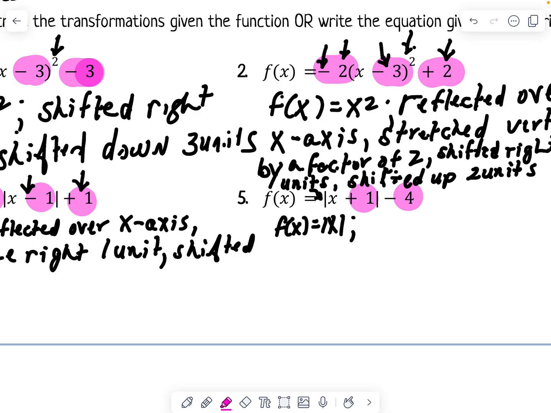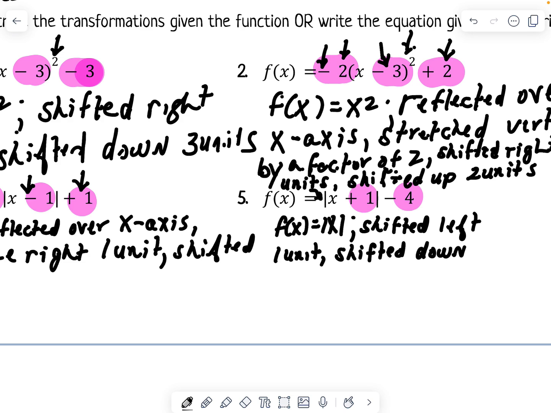So right now it's a +1. So now I need to remember I have to think of it as a -1. So it's shifted left toward the negative direction 1 unit. And it also shifted down my K 4 units. All right, wonderful.